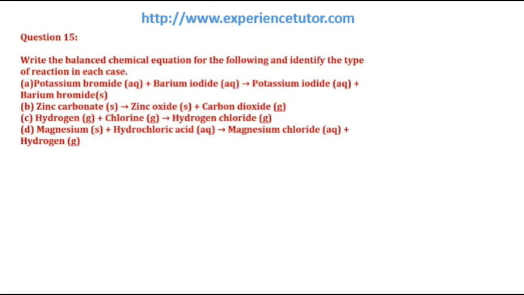In the next equations, we have to write the balanced equation for the next questions. So let us do the first one. Potassium bromide can be written as KBr plus barium iodide can be written as BaI2.